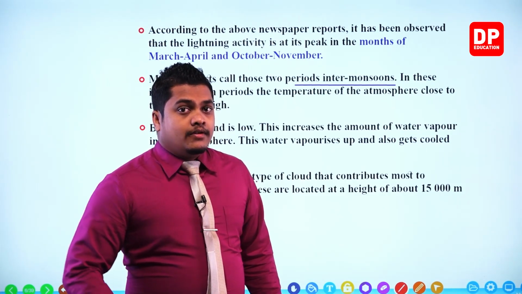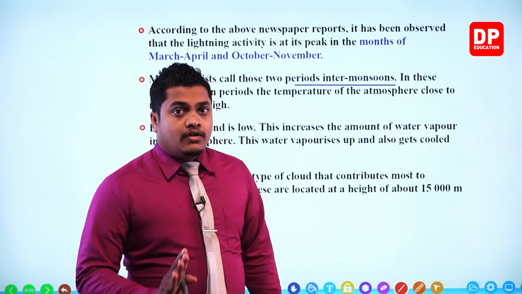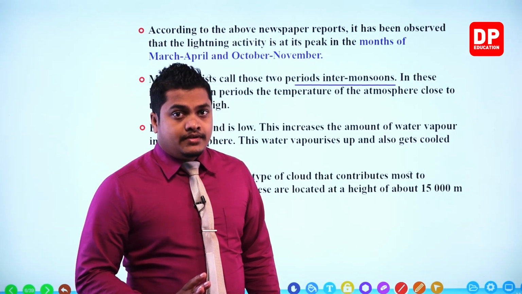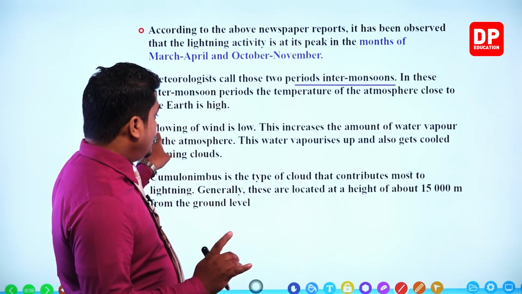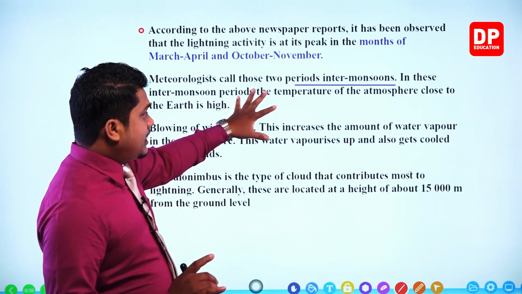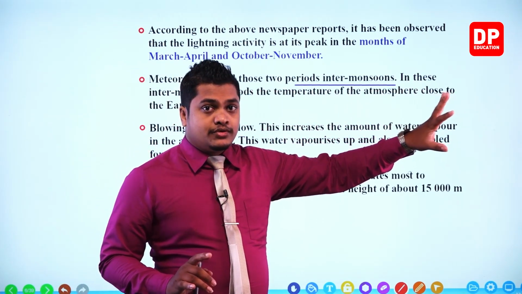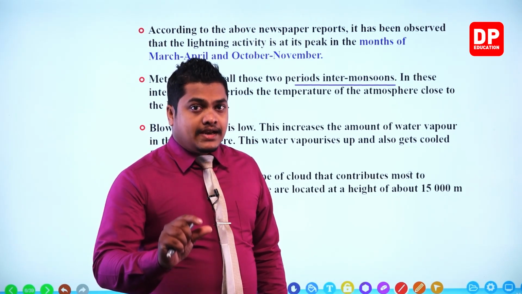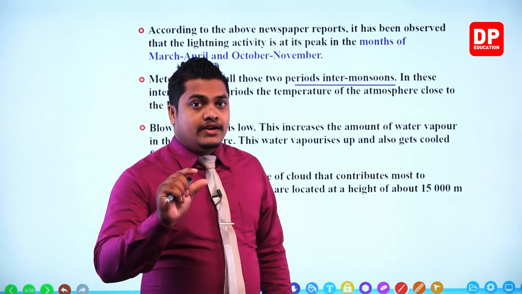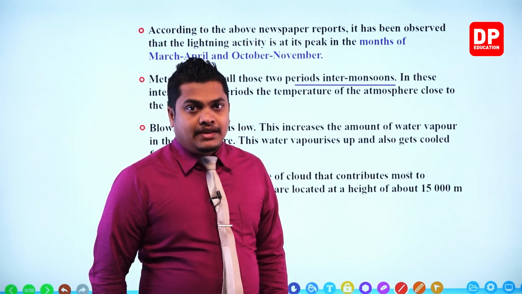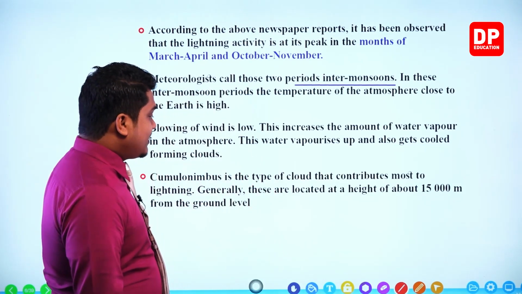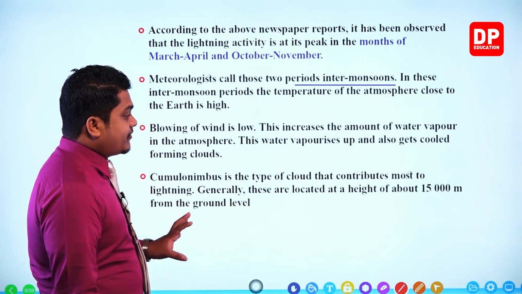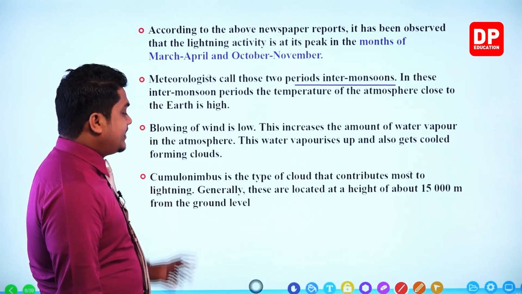So in order for all of these things to occur, there should be a low amount of wind and the temperature of the atmosphere close to the earth should also be high. These two factors are satisfied during the intermonsoonal time period. That will create cumulonimbus clouds, a type of cloud that contributes to lightning.